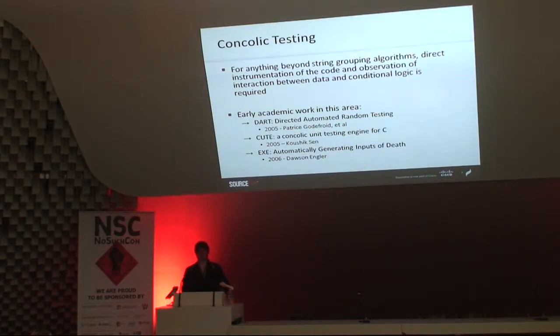So tracing programs is very slow, right? The formal theory behind being able to solve the problem of branch logic inversion and things like that has been around for quite some time, but it wasn't really until about 2005 when Patrice Godefroid and Koushik Sen in the same year started modifying compilers so that they were instrumenting the program logic to allow it to output data that they could then pass on to SAT solvers and SMT solvers.